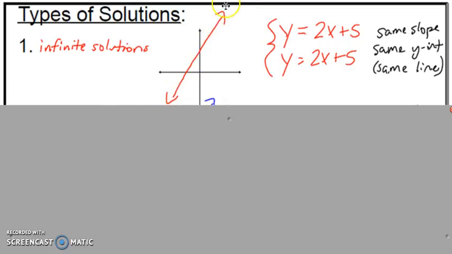One would graph right on top of the other one. So in that case, since our solution would be wherever the lines intersect, every single point on that line is an intersection. So every point on that line is a solution to the system. That's why we have infinitely many solutions for that type of problem.